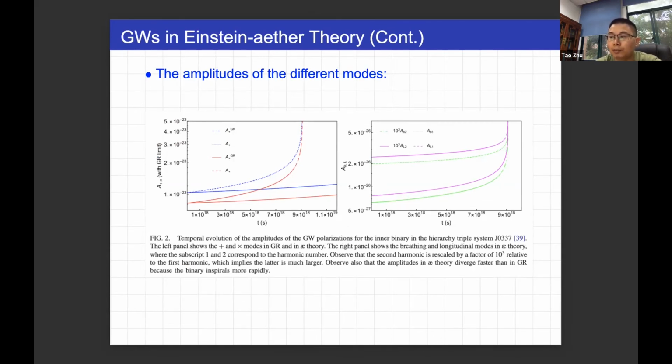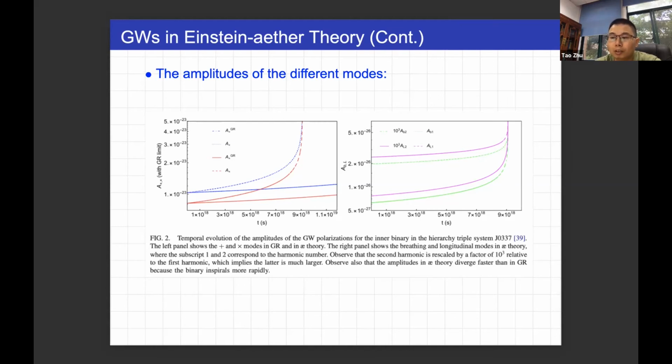As you can see from this figure, the scalar modes HB and HL are suppressed relative to the tensors by a factor of 10 to the 3. This implies that it will be extremely difficult for GW detectors to measure these modes directly.